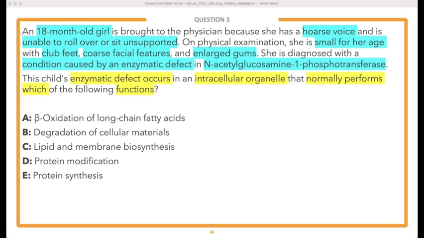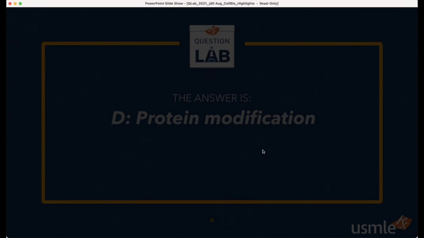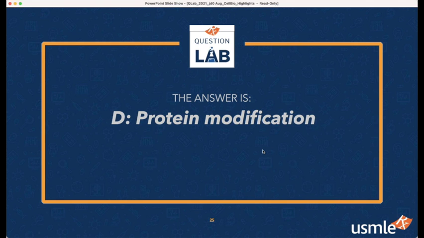So again, no clear majority here from the crowd. So let's hide the results and learn what the answer is. And the answer is D, protein modification. So again, this is, I think, the second time where the choice with the second most votes was correct. So let's figure out what happened with this one. Paris?